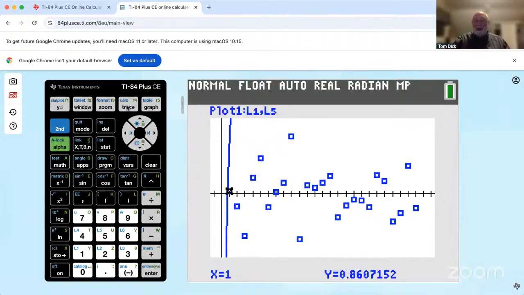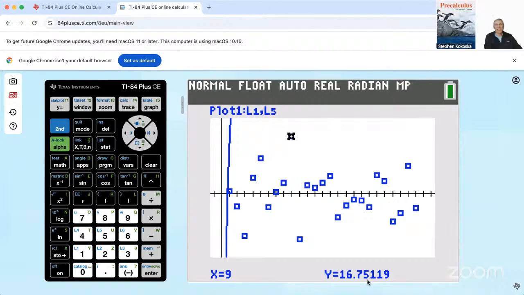If we did a trace of the residual plot, we could go over to, again, 9, and see that large positive value. Yeah, it's interesting that particular value, Steve, was the largest of all the data.